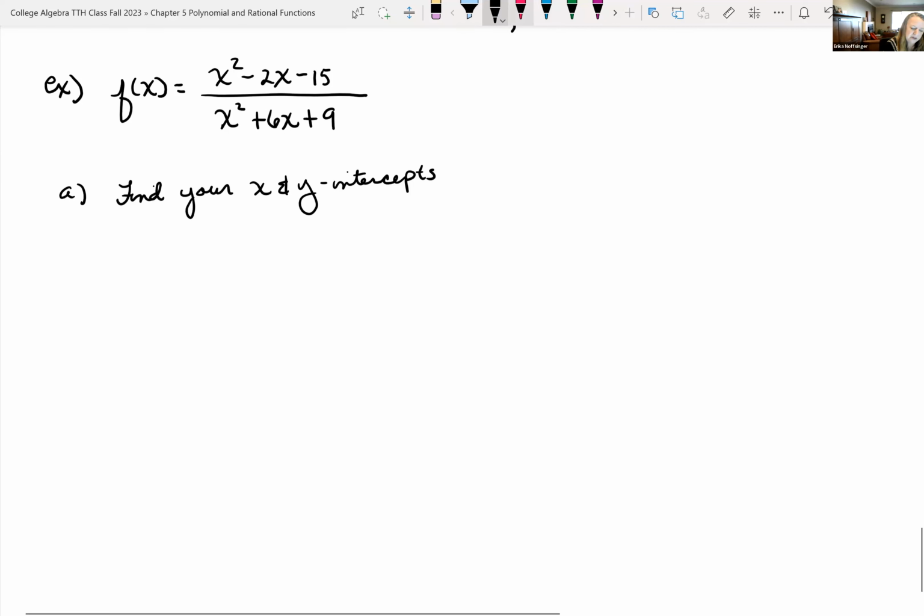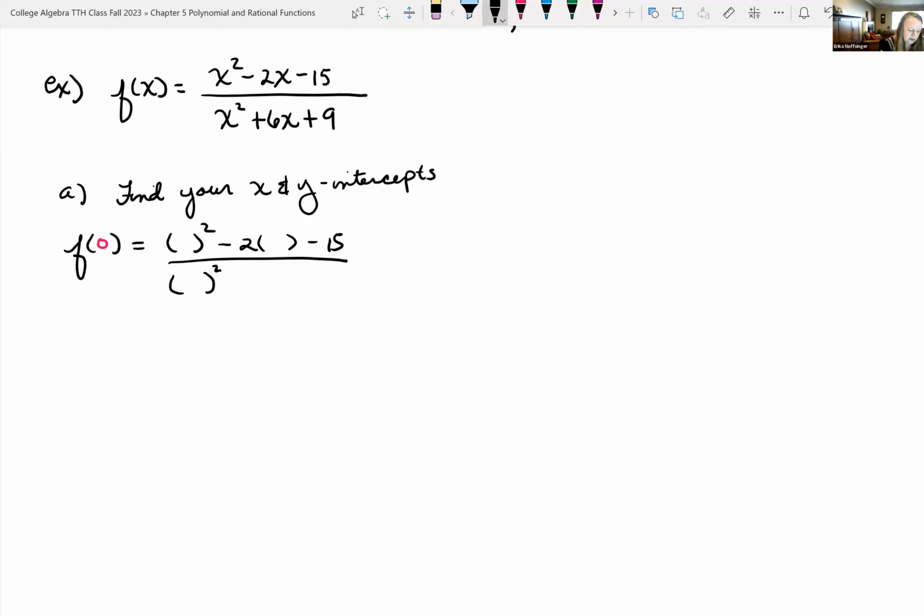So I know I can find my y-intercept, that's the easier one, by plugging in 0 wherever I see an x in my function f of x. So putting in parentheses wherever I see an x, I have parentheses squared minus 2 parentheses minus 15, all over parentheses squared plus 6 parentheses plus 9. Put in 0 wherever you wrote your parentheses and simplify.